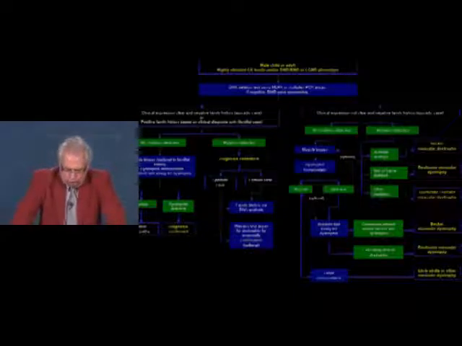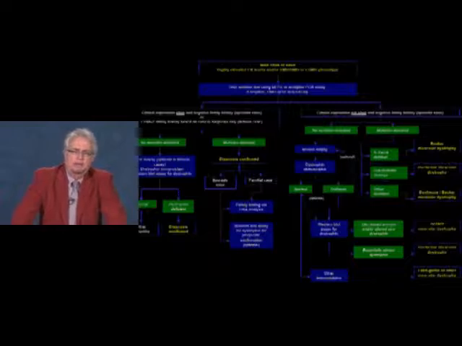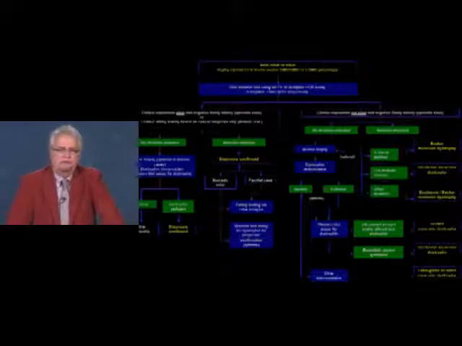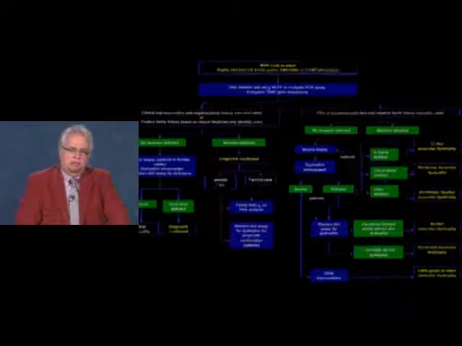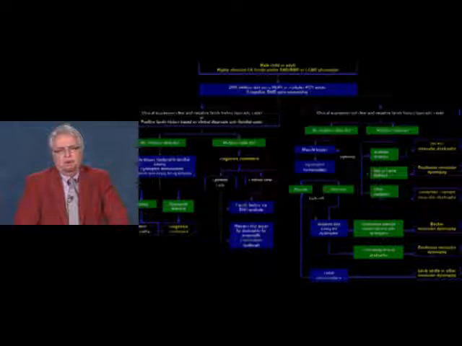We used to do a lot of muscle biopsies in the past to diagnose Duchenne or Becker muscular dystrophy, particularly if the patient had no deletion or duplication detected. This is a very busy slide, and it cannot be discussed now in detail, but you can read this if you want to.